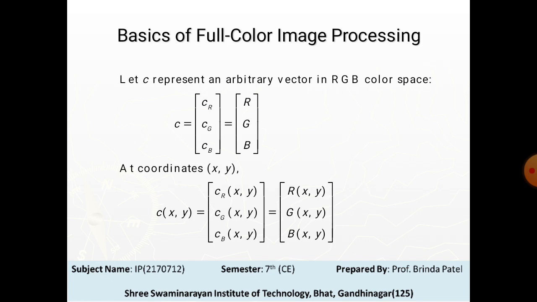For an image of size m by n, there are mn such vectors c(x,y), for x equal to 0, 1, 2 up to m minus 1 and y equal to 0, 1, 2 up to n minus 1. It is important to keep in mind that this equation describes a vector whose components are spatial variables in x and y.